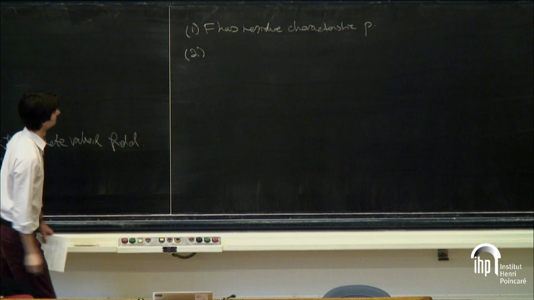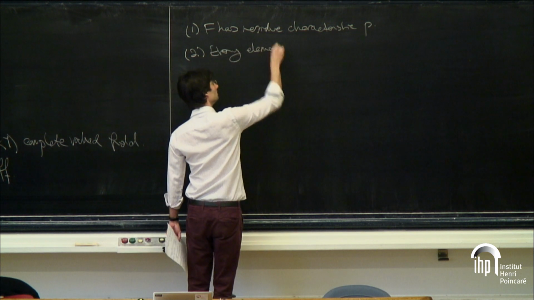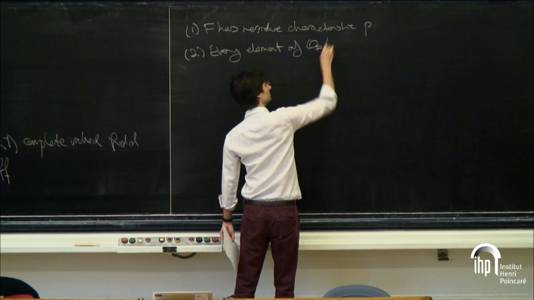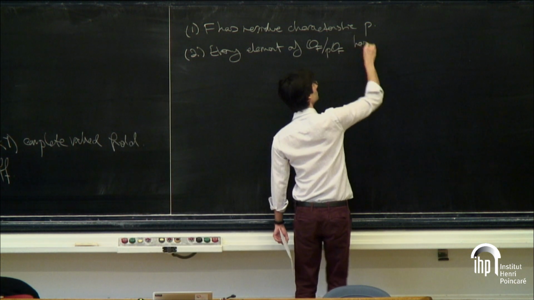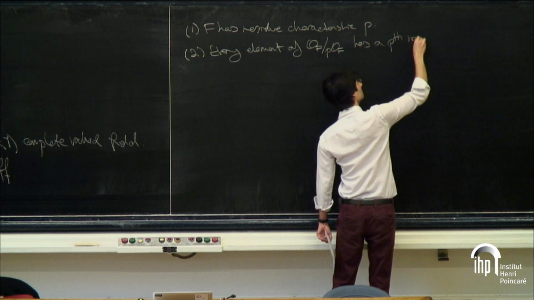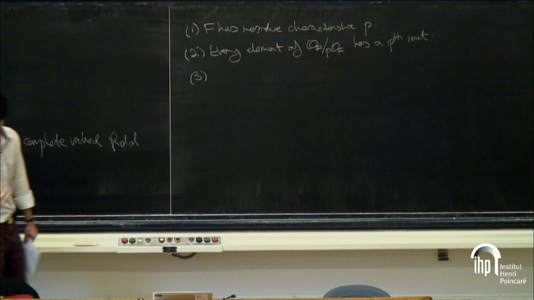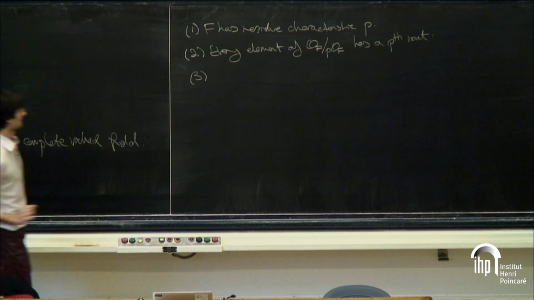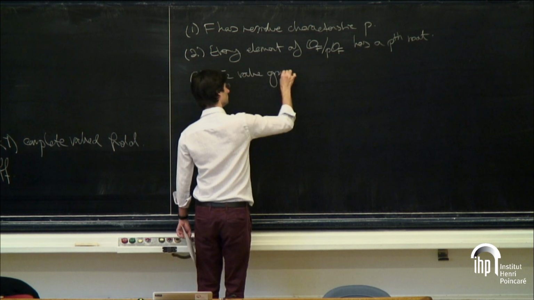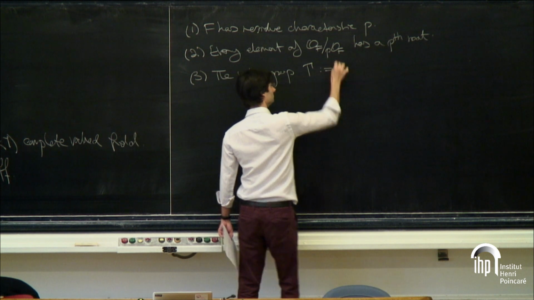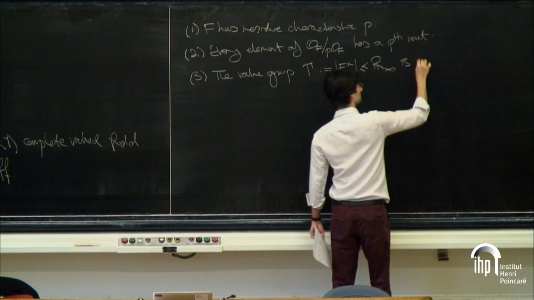Secondly, I impose this type of deeply ramified hypothesis that every element of the ring of integers mod p admits a p-th root. And thirdly, as we'll see in a moment, to avoid small examples, I insist that the value group gamma is not discrete.